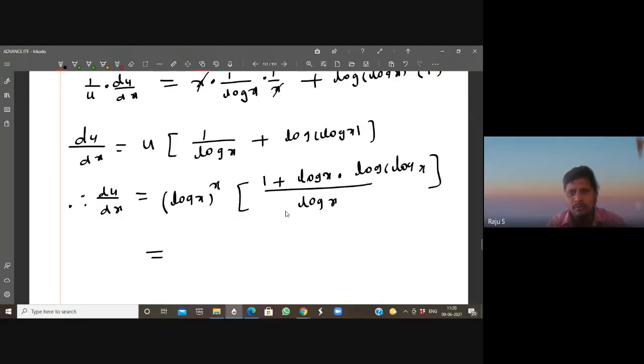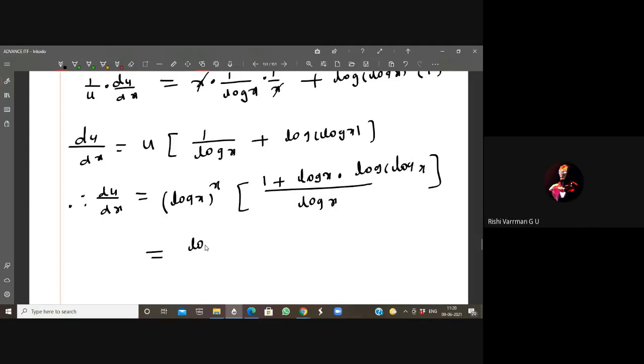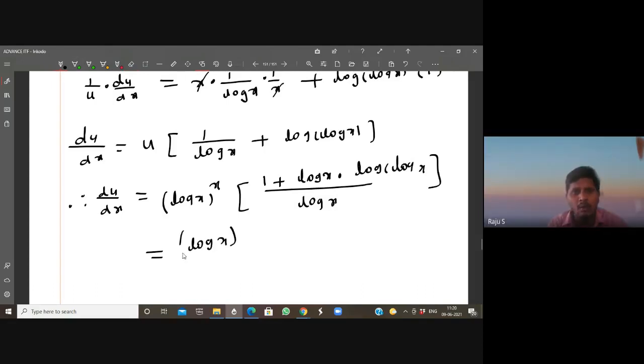Because we are taking LCM. Okay, right. See here, if I take this, log x is outside. Can I take common this denominator log x? Yes, we can take. Log x whole power x by log x into 1 plus log x into log of log x.